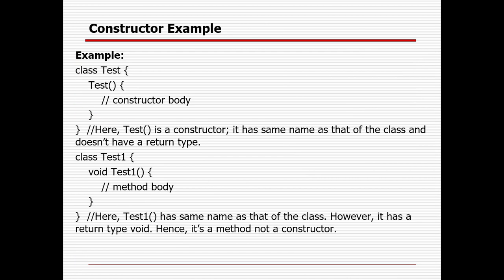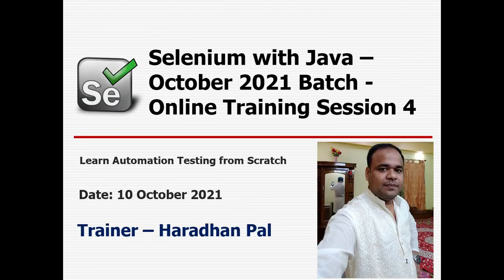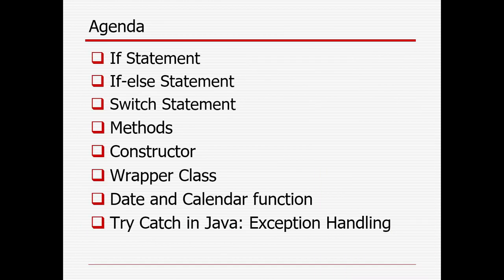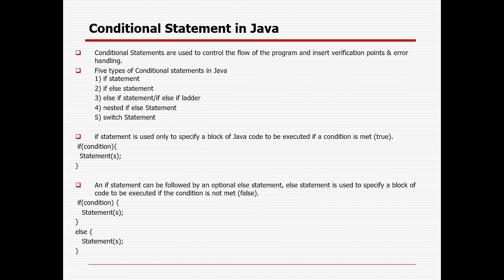Now I just want to give you a high-level recap of whatever I have covered. I already covered all the conditional statements. If you only want the positive validation, you can use the if statement. If you want to go for both positive and negative validation, you can use if-else.